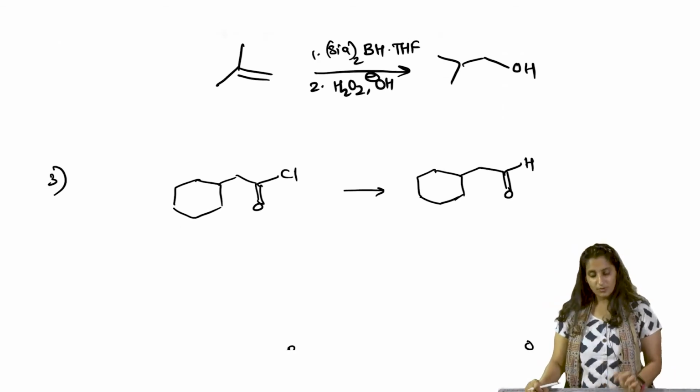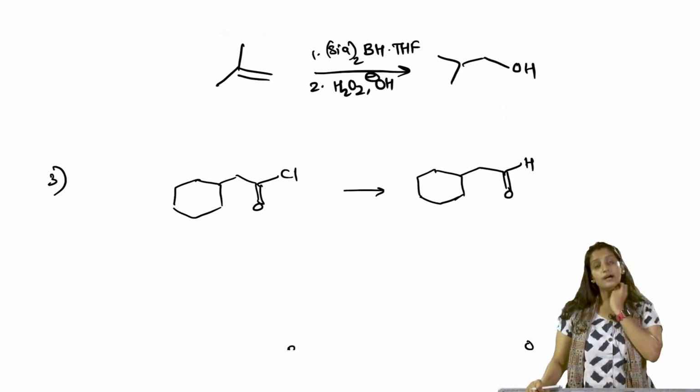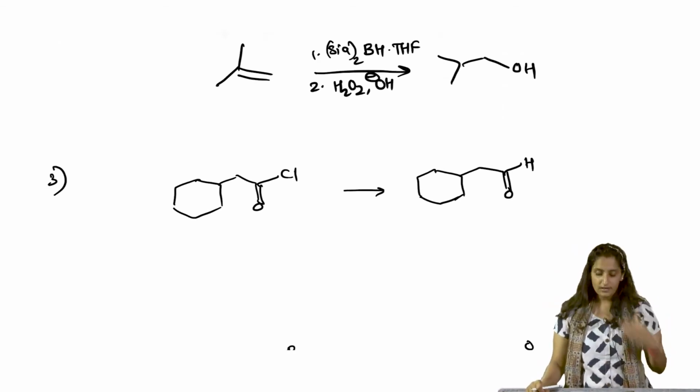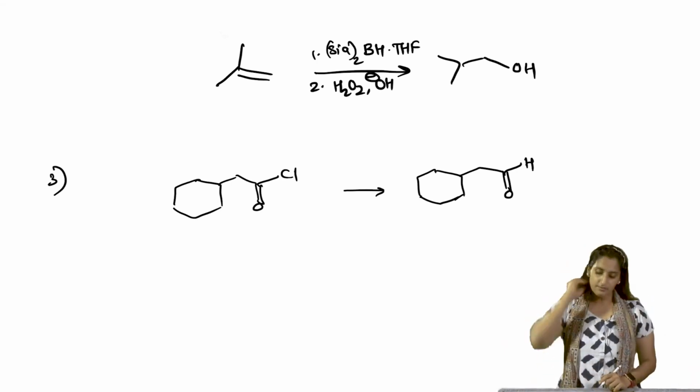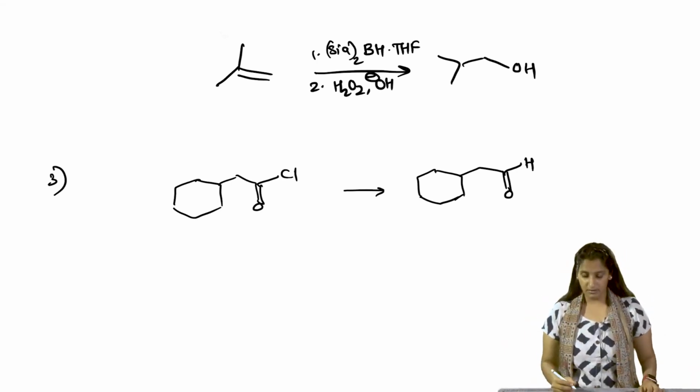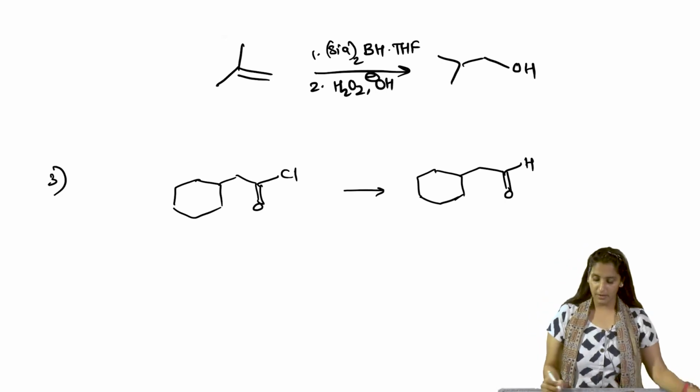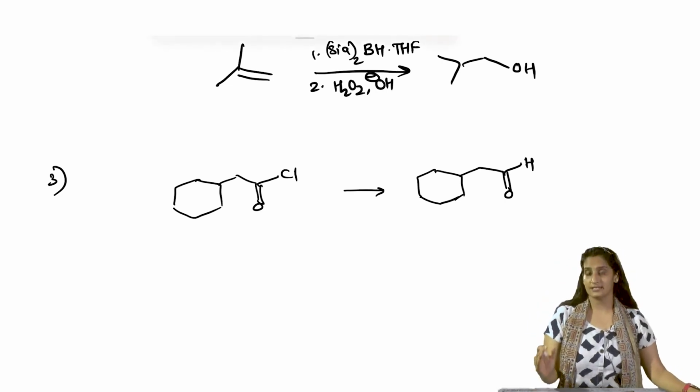Now, we have acid chloride and the end product is an aldehyde. Again, various ways to do that. Remember that we know various ways to form aldehydes. One of the ways is to start from an alcohol and then we can use a milder oxidizing agent.